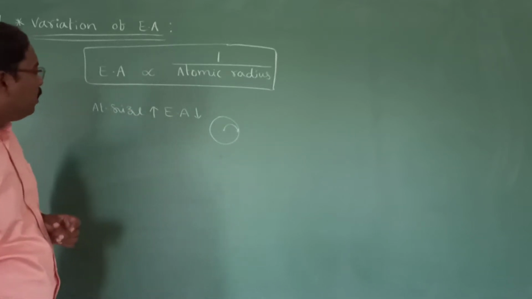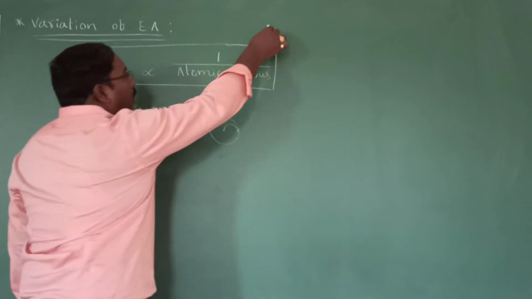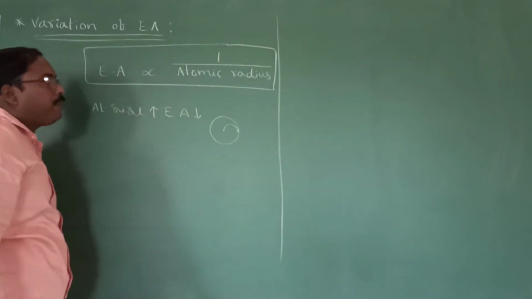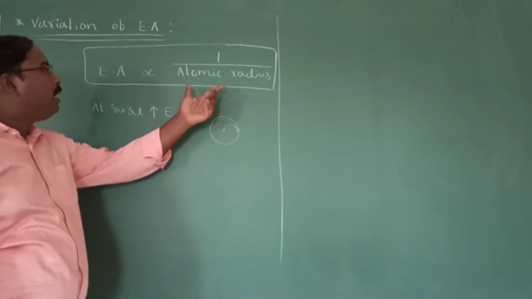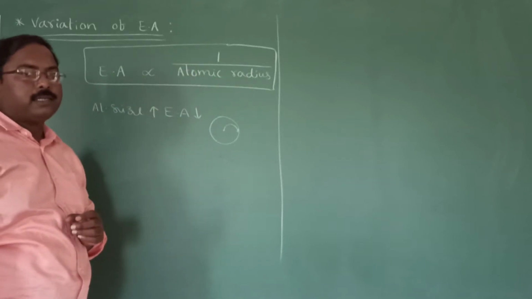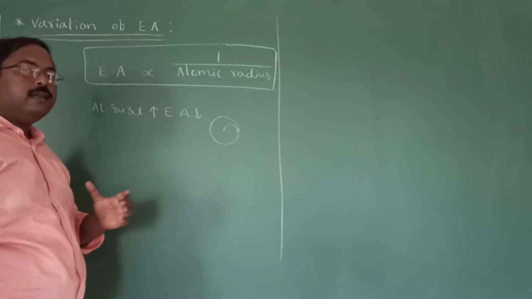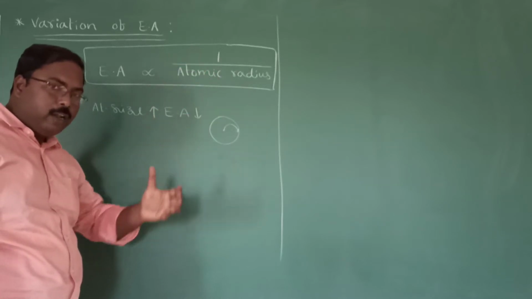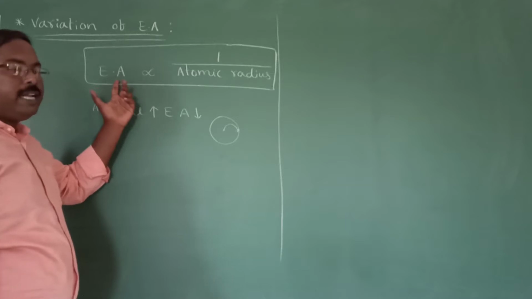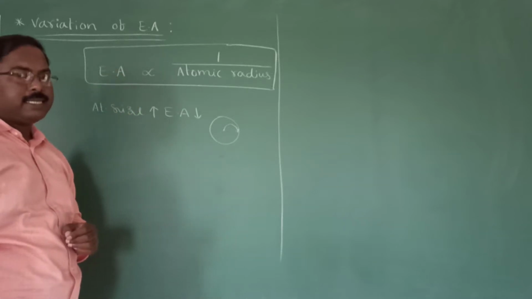Got it? Now along the groups and periods, we know about the variation of atomic radius. We know clearly top to bottom atomic radius increases. So as atomic radius is increasing along the group, electron affinity values decrease. Okay?